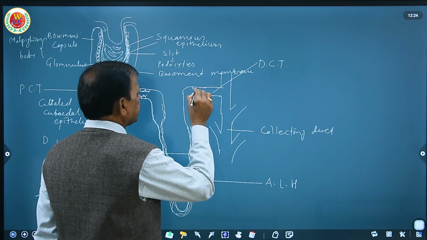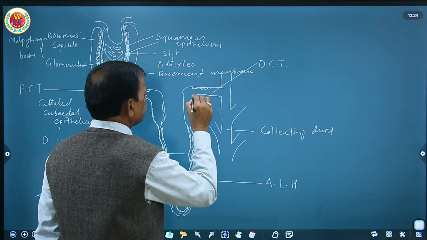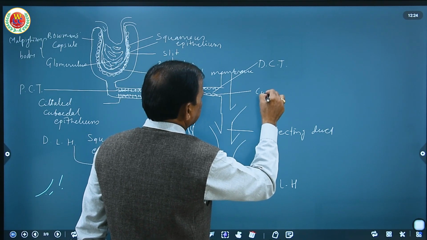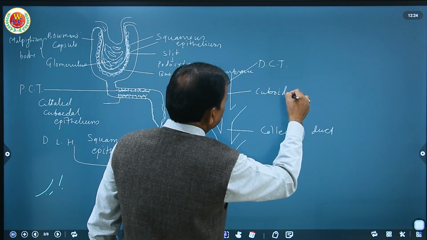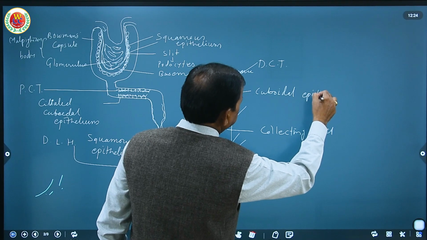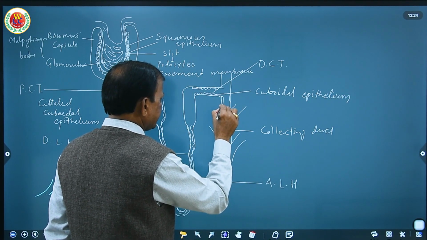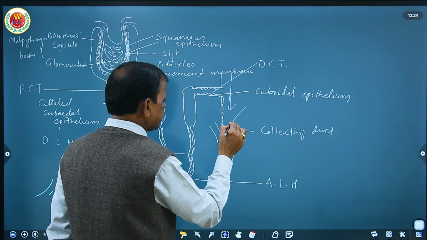Here again, cuboidal epithelium, and that cuboidal epithelium continues in the collecting duct.